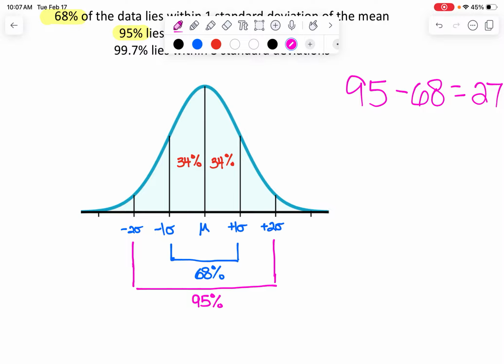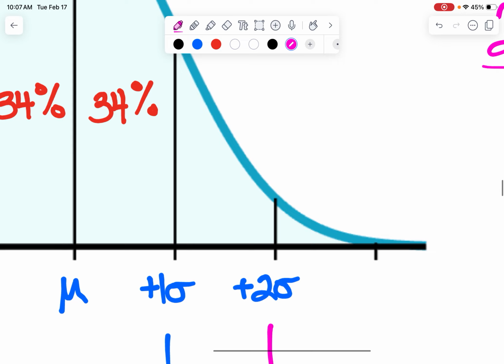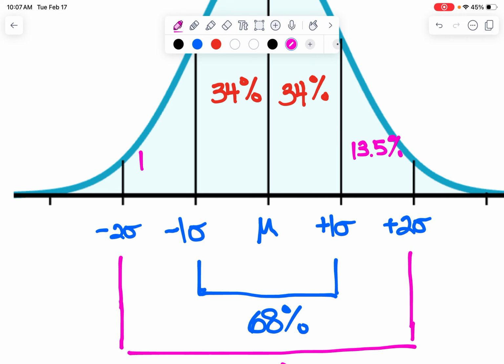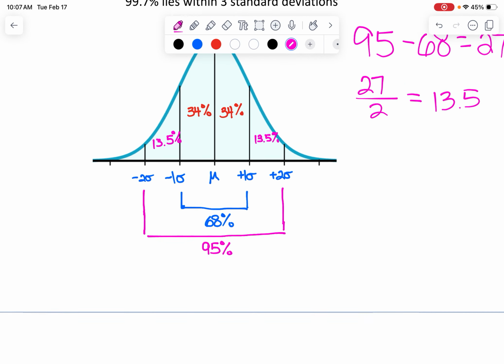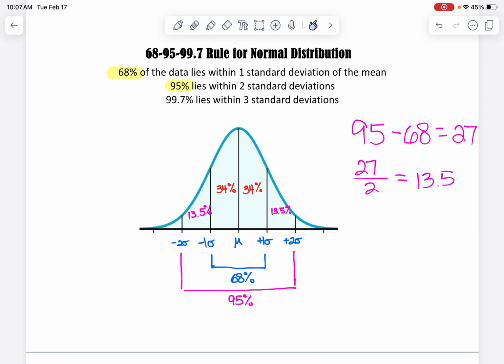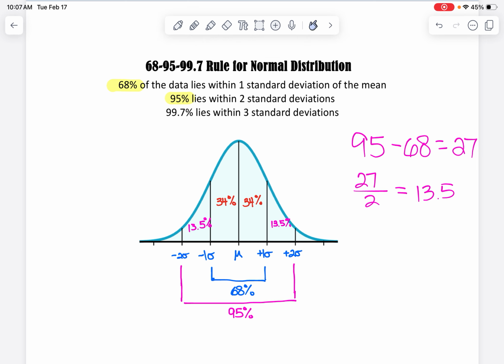Now if we cut that in half, 27 divided by 2, we get 13.5. So this section here is 13.5%, and this section here is 13.5%. So 95% lies within 2 standard deviations of the mean.